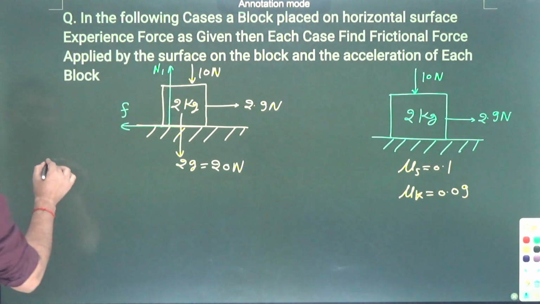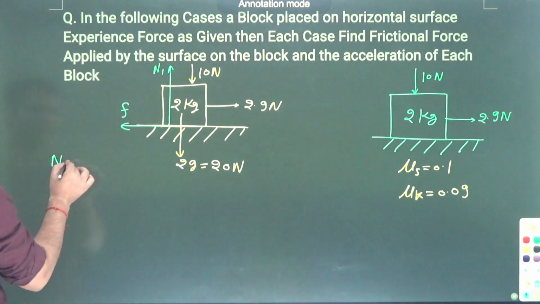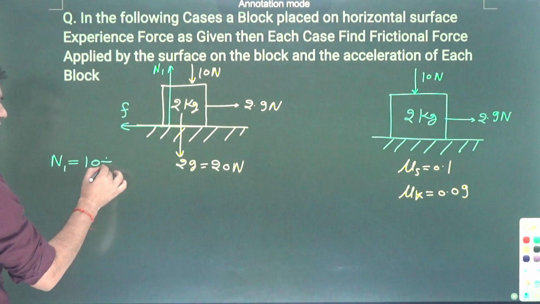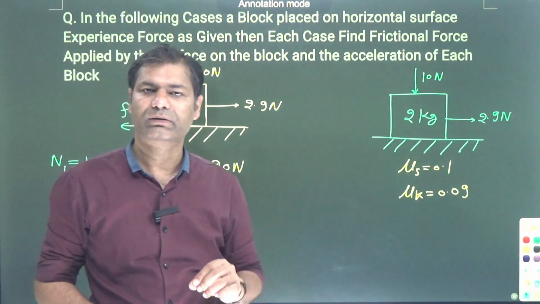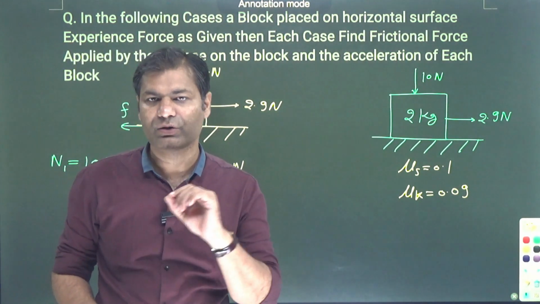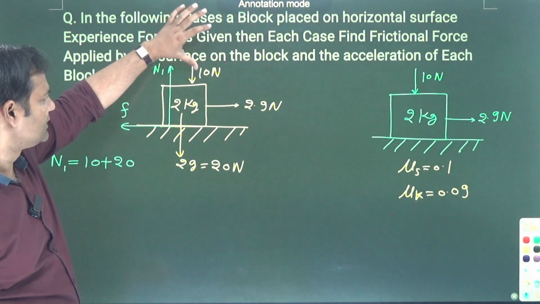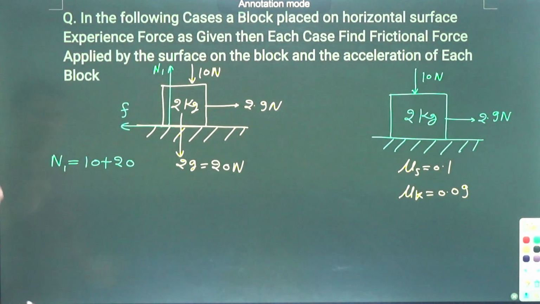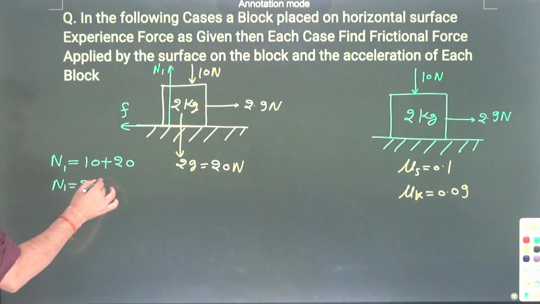Here N1 in the upward direction will be equal to 10 plus 20. Vertical components always balance vertical components, and horizontal components always balance horizontal components. Clear or not? So 10 plus 20 is equal to N1, that is 30 Newton.